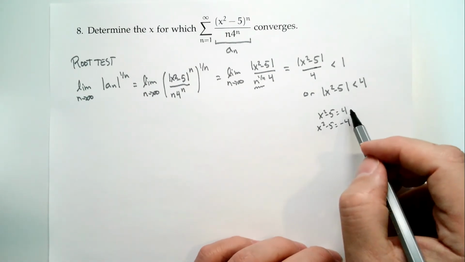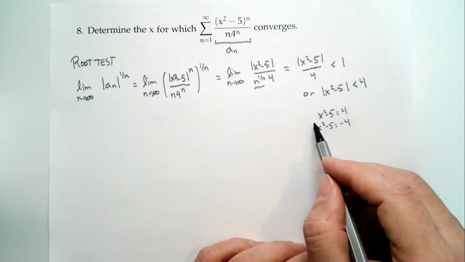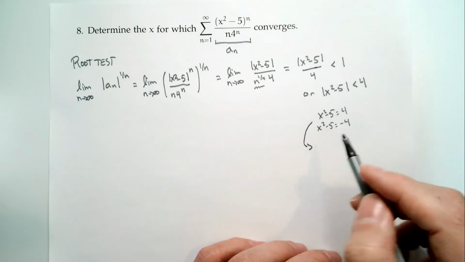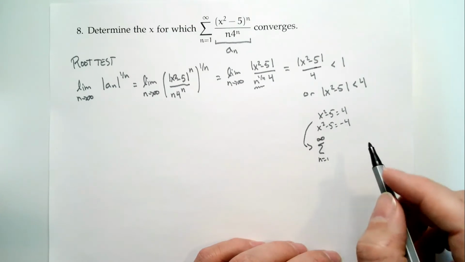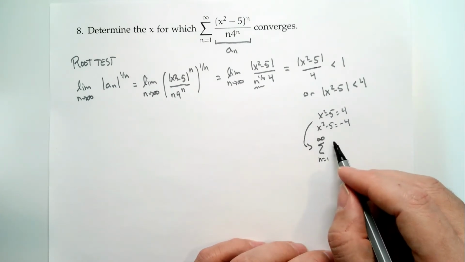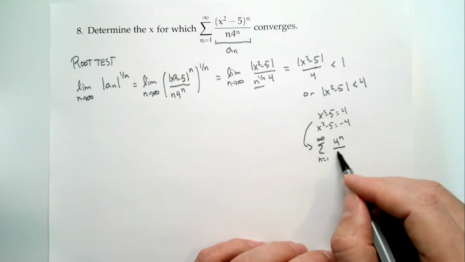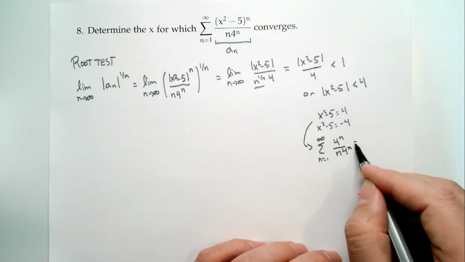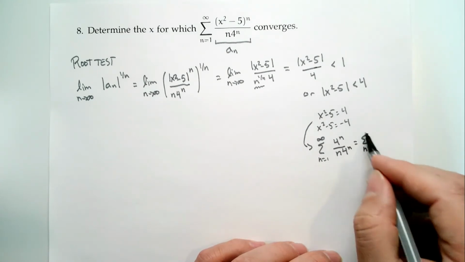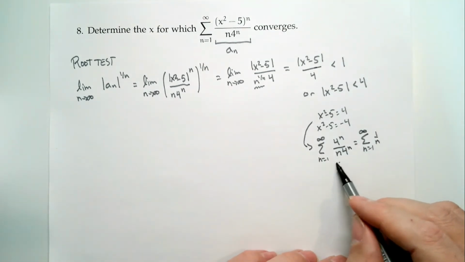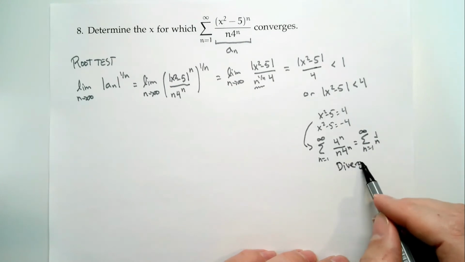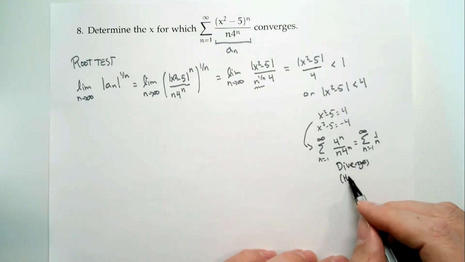So suppose we look at the equals 4 first. If it equals 4, this would become the sum from 1 to infinity of 4 to the n divided by n times 4 to the n, which is the sum from 1 to infinity of 1 over n. What do we know about that sum? That sum diverges. Why? We should know this one. It's the harmonic sum.